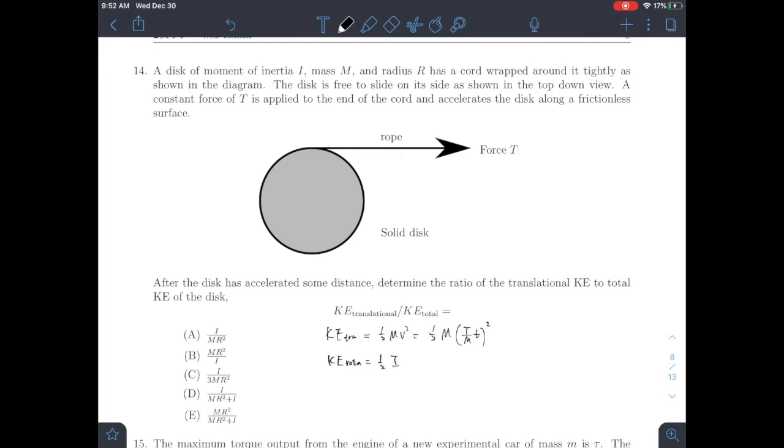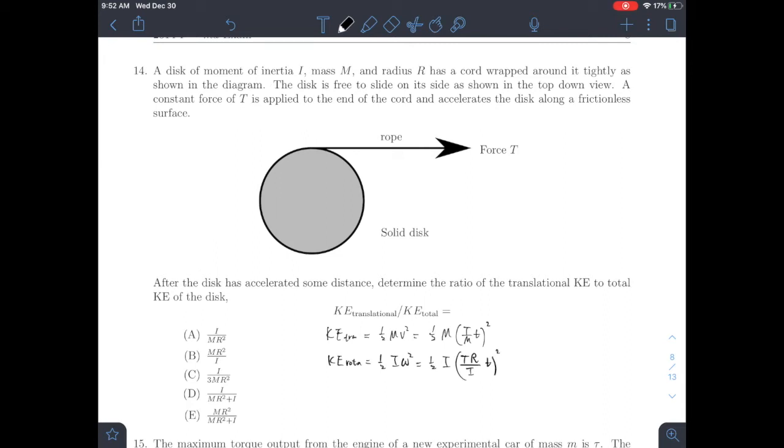Omega is equal to alpha t, where alpha is the angular acceleration. Alpha is equal to the torque over the moment of inertia, which is Tr over I, times t, all of them squared, which is the final angular velocity.